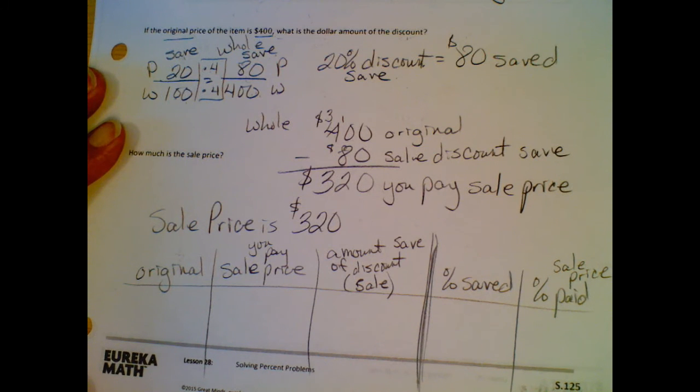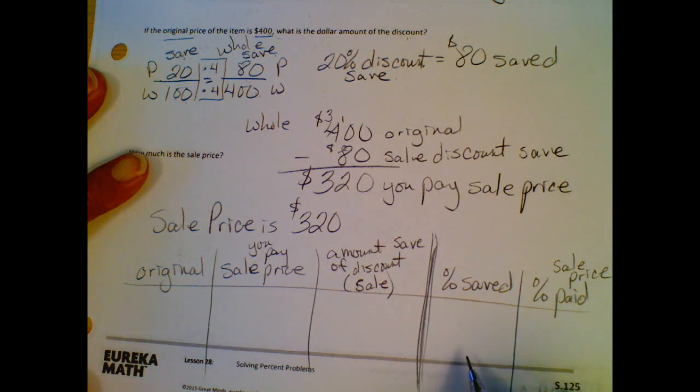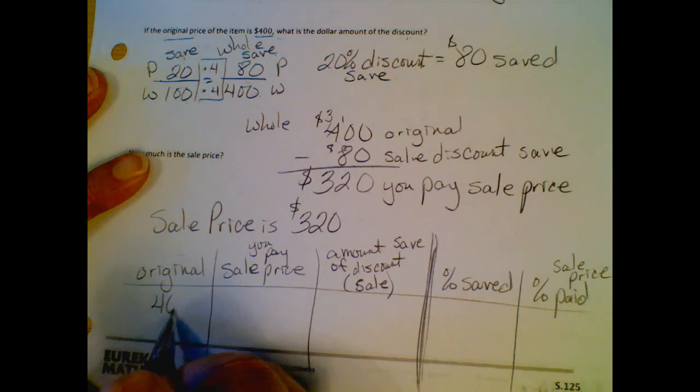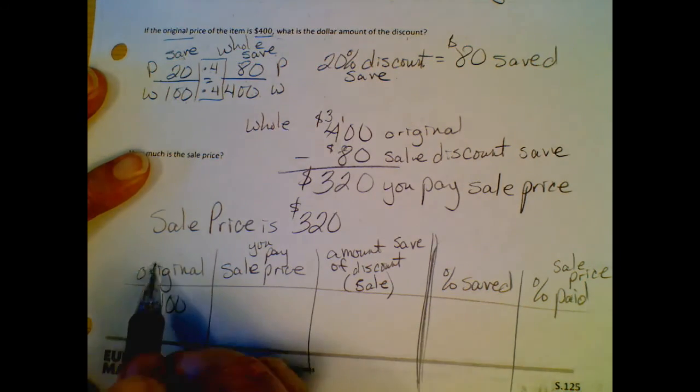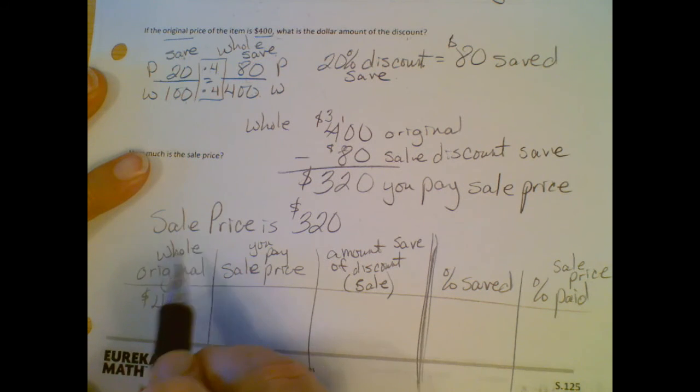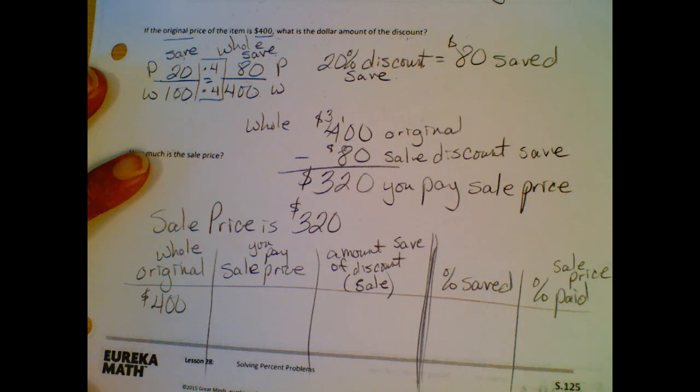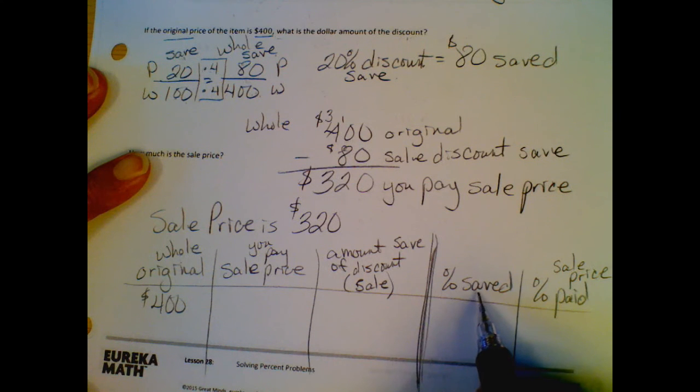Okay, so what they gave us, the $400 is the original. That's my whole. Whole, always, always. There's two different parts. That's why we're being very specific. So 400, the percent is the sale price off is what you saved, 20%.